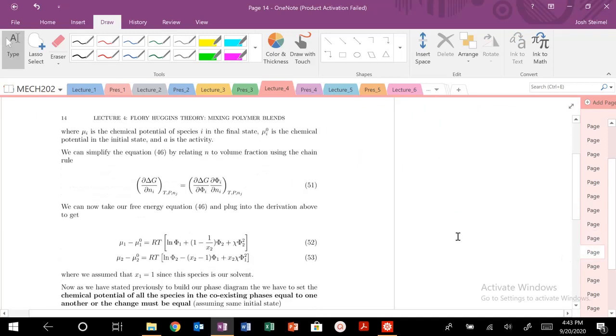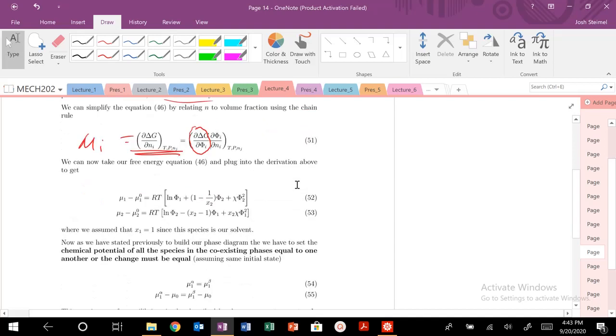So again, these are derivations. Keep your high-level interpretation. mu i is the chemical potential of the species in the final state, with the initial state and a as the activity. I can relate this to the derivative of Gibbs as a function of my volume fraction using, again, hopefully your old friend, the chain rule from math.